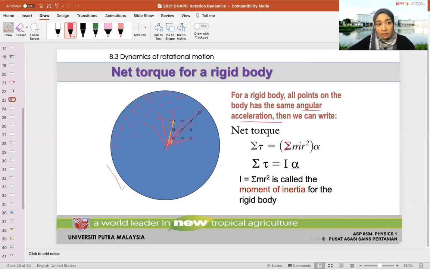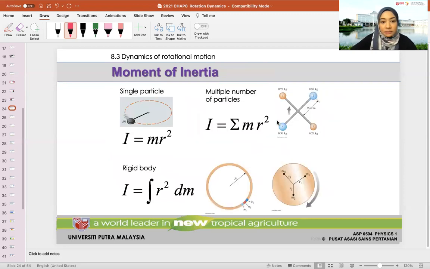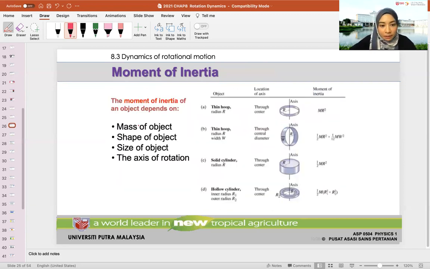shape of the object, the weight of the object, and also the mass of the object, the shape, the size, and the axis of rotation. Why are all these things important to determine the moment of inertia?